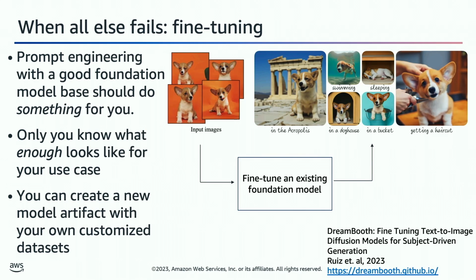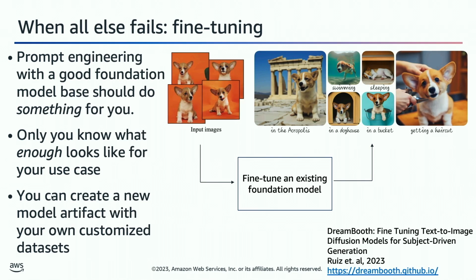Theoretically, that should do something valuable for you. That should improve the quality of your model in some meaningful way. It's expected that prompt engineering with a good foundation model will do this. The question is, will prompt engineering do enough, right? So there's this gap between how well prompt engineering improves your performance versus what your customers want, and fine-tuning is a good technique you can use to try to close that gap.